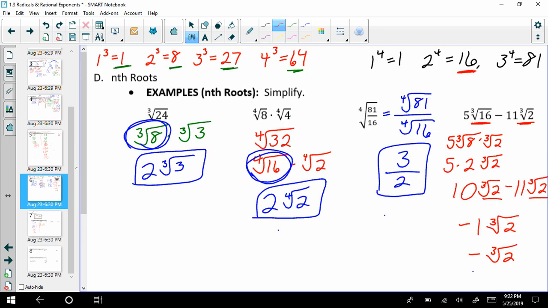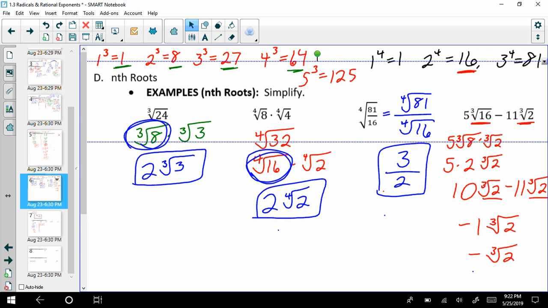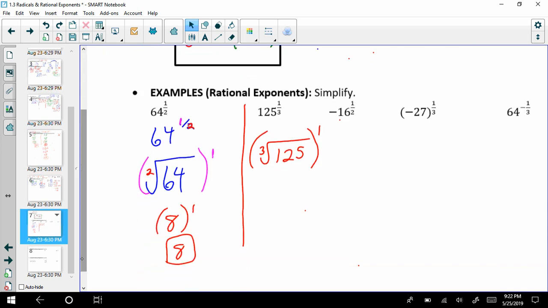If we look at our list of perfect cubes, we went to 4 cubed, and that was 64. I will tell you that 5 cubed is 125. So yes, 125 is a perfect cube, and it will become 5, and then it's still to the first, which is 5.